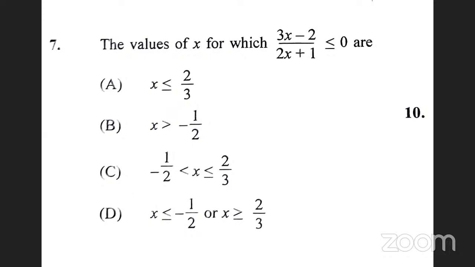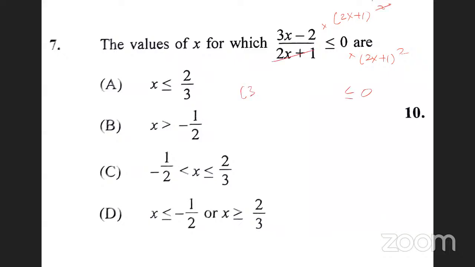Parallel working to Jeremy, right? How do you tell this? Multiply by the denominator squared, so you're multiplying both sides by the denominator squared. 0 by anything is 0, and this will cancel with this.